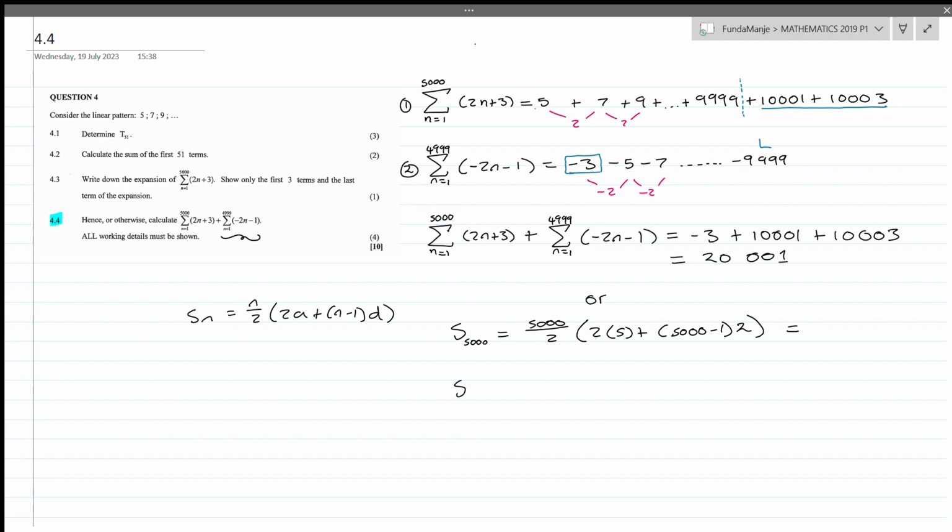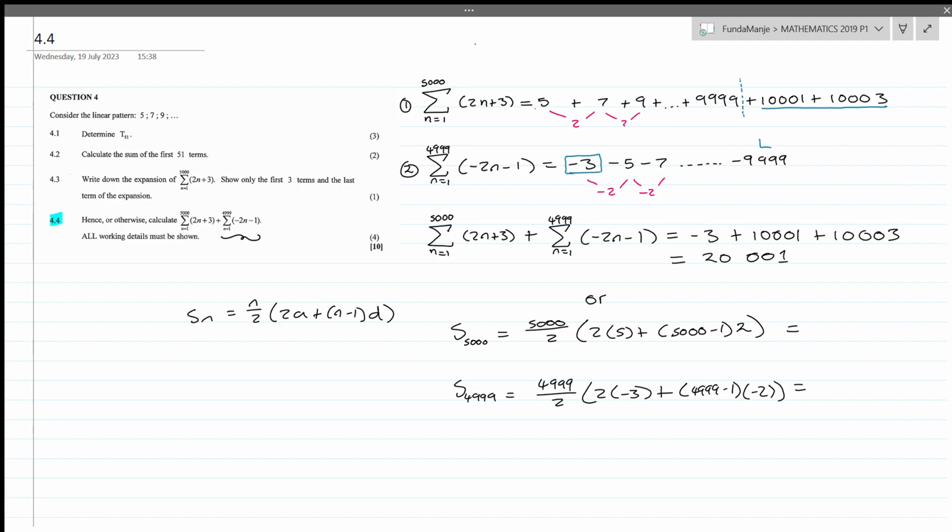Then the second one, we're only summing up till the 4999th term, which means we replace n with 4999 over 2, and in brackets we have 2a, which is minus 3, plus (4999 minus 1) multiplied by negative 2 in this case.